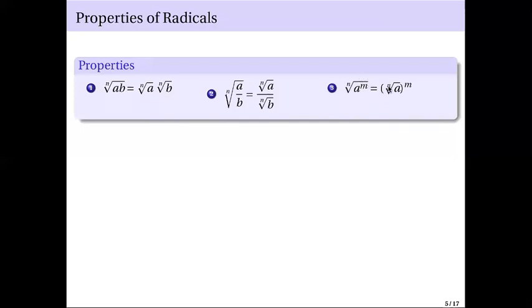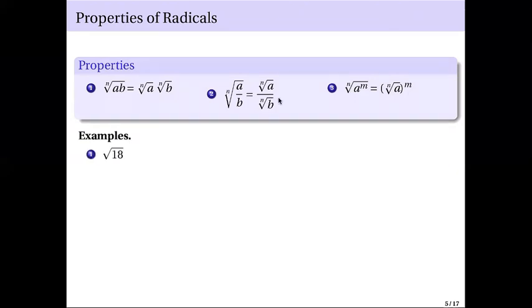This guy here, it's the same as the nth root of A, then you raise it to power M. So in the left-hand side, you have A, you raise it to power M first before getting the nth root. On the right-hand side here, you have to get the nth root of A first before raising it to power M. Okay? They should give you the same answer.